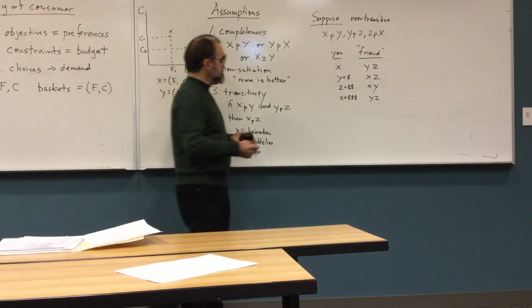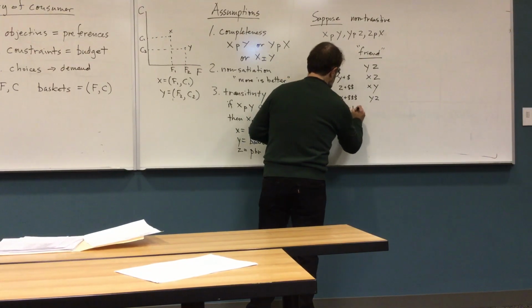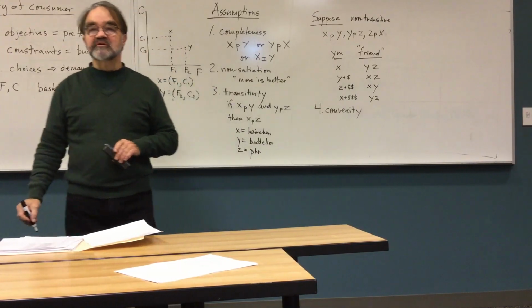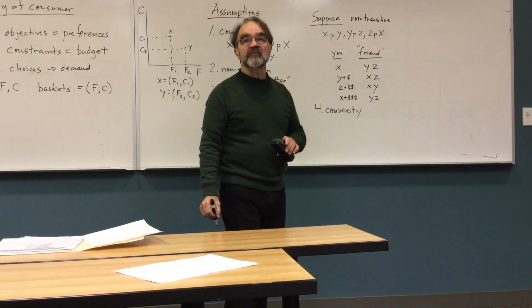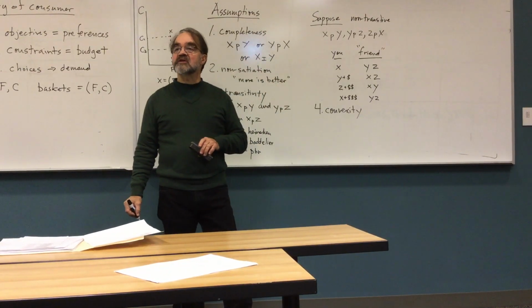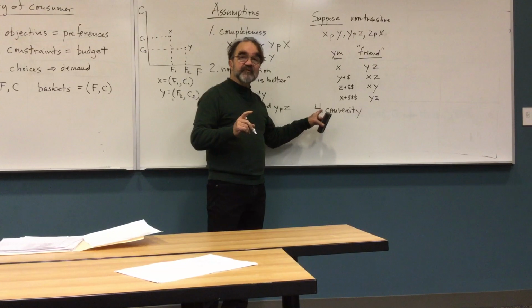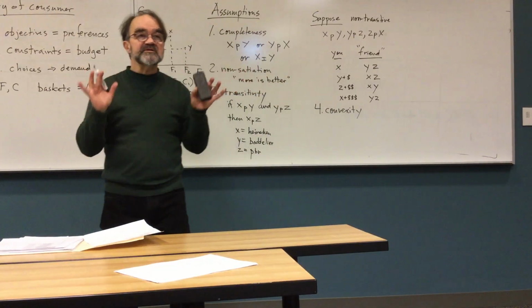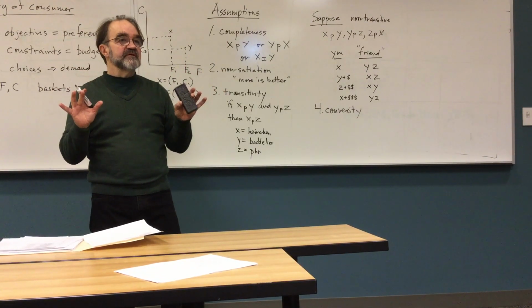Okay, the fourth assumption is called convexity. Anybody know what that word convex means? It's a mathematical shape, and we're going to get precise about that a little bit later. But for the moment, what we're saying about this consumer is that this consumer prefers to avoid extremes.